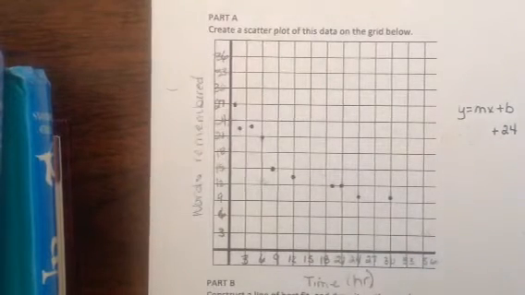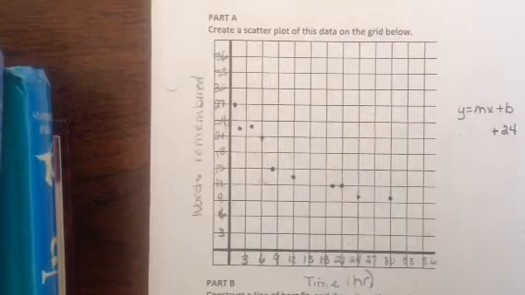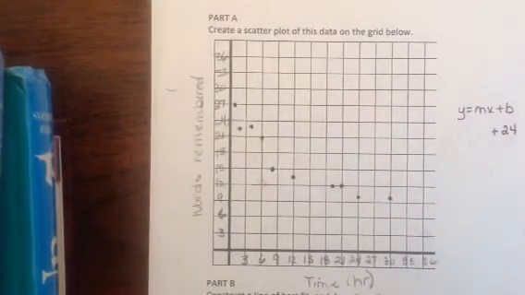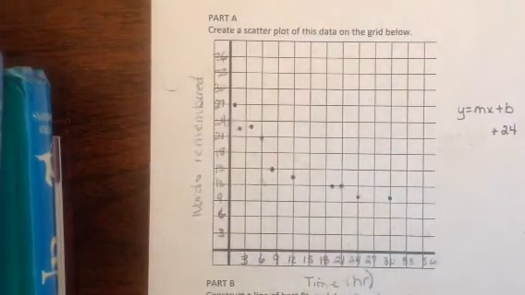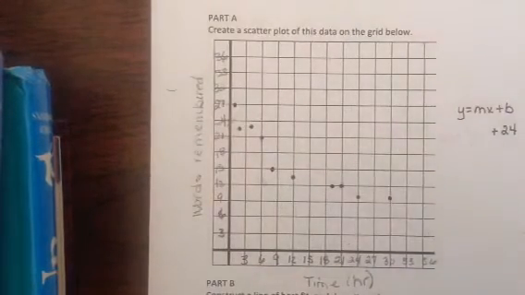So now we're going to develop or draw our line of best fit. Right, so line of best fit, I'm going to get my clear ruler, and I'm going to draw my line of best fit.